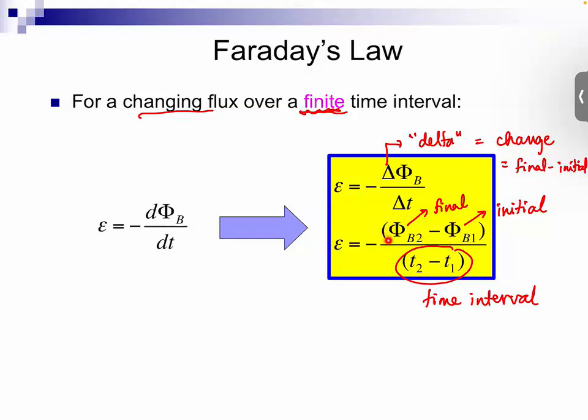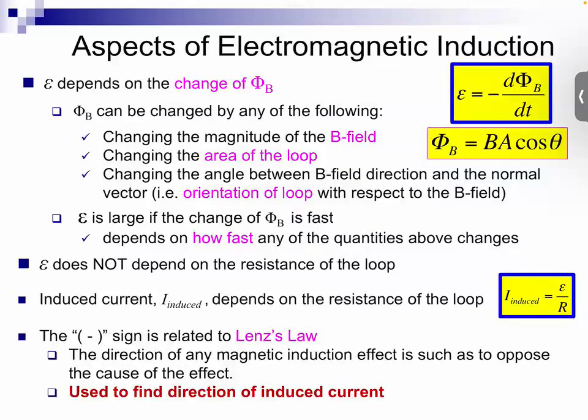If the magnetic flux doesn't change, then this numerator is 0 and you don't create any voltage there. Okay, so let's expand this, because we already know Faraday's law tells us that the flux needs to change in order to create a voltage in your loop.